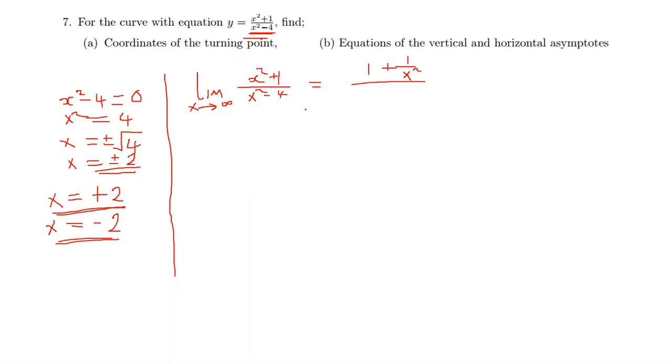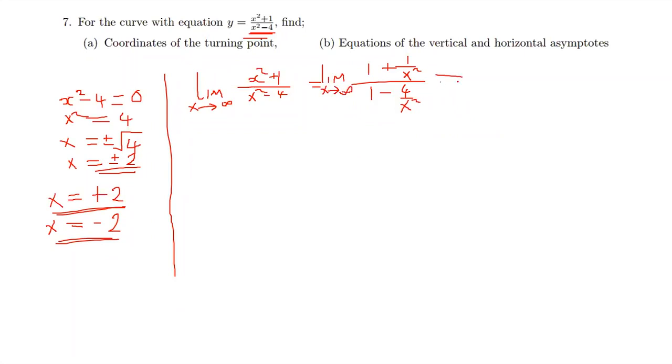So even the denominator, you do the same. x squared divided by x squared gives 1, and minus 4 divided by x squared gives minus 4 over x squared. Then you're finding the limit of this when x approaches infinity.